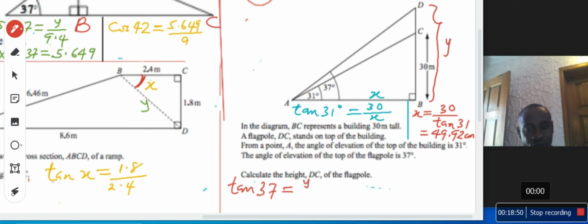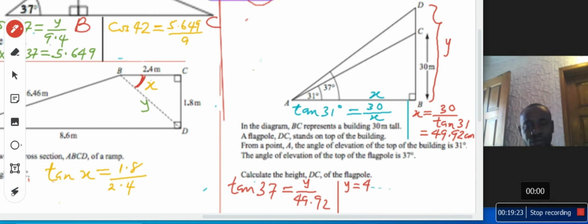Opposite will be y over adjacent, so y over 49.92. So we can find y. What's y? You cross multiply.